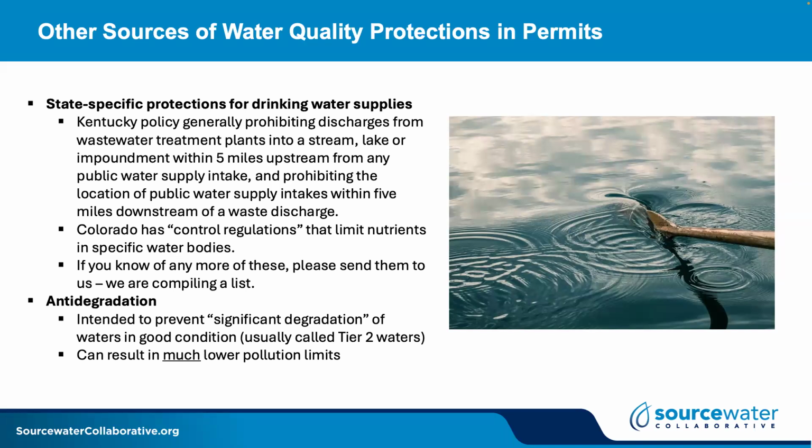If you know of other state protections, we would love to know about them and put them together as a resource. Another thing to think about is anti-degradation, which is a more complicated water quality protection for high quality waters, but can be a really good tool if your source water is one of those more protected high quality tier 2 waters. Next slide, please.